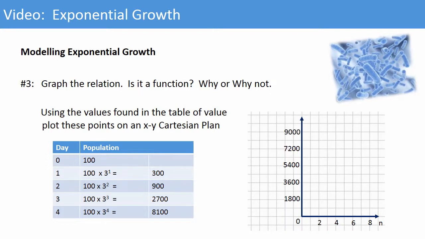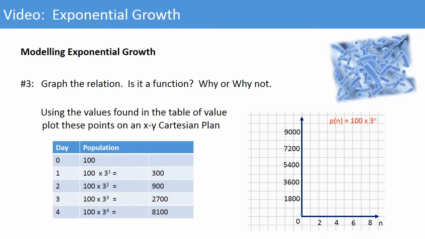So we will start by drawing on graph paper the x-axis and the y-axis. The x-axis will be 2, 4, 6, 8, and so on up to the value of n. And along the y-axis we'll go up by 900: 900, 1800, 2700, 3600, up to 9000. The equation, of course, we've determined to be P(n) equal to the initial value of 100 times the base 3 to the exponent n.